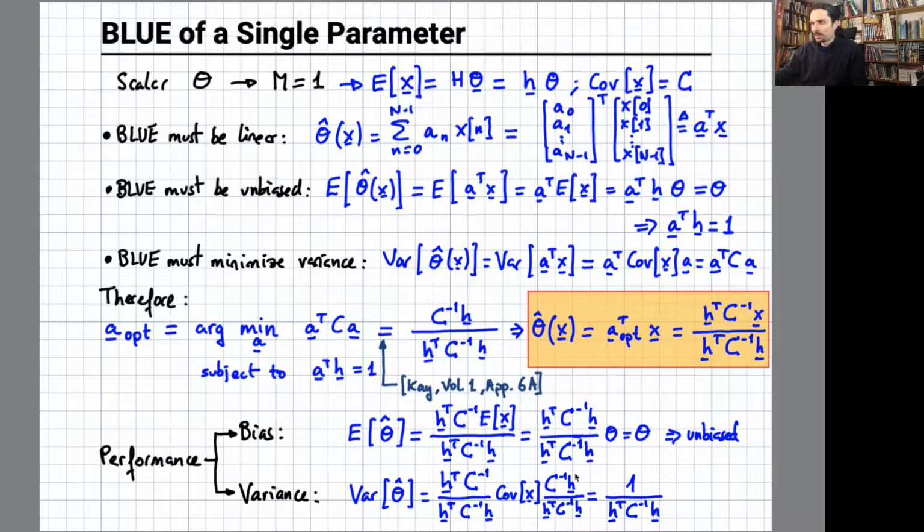It is given by this term over here, and just by substituting the covariance of x, this assumption here, the C here cancels with this C inverse, and we obtain in the numerator H transpose C inverse H, which cancels with one of the H transpose C inverse H of the denominator, and therefore we obtain this expression here. Okay.